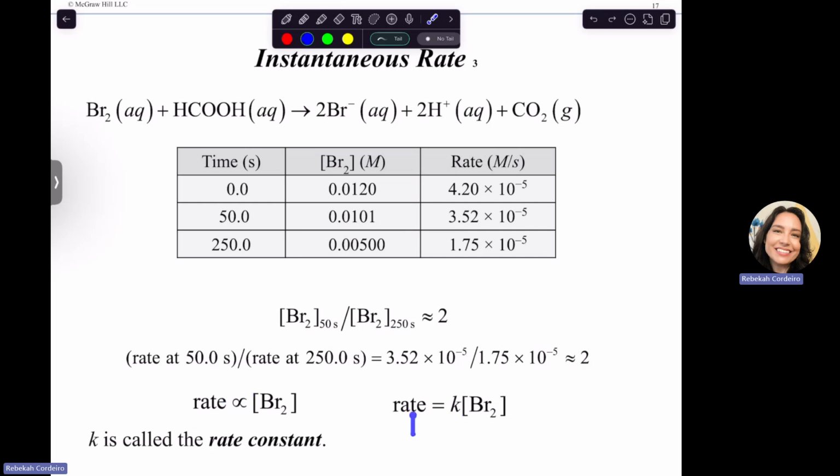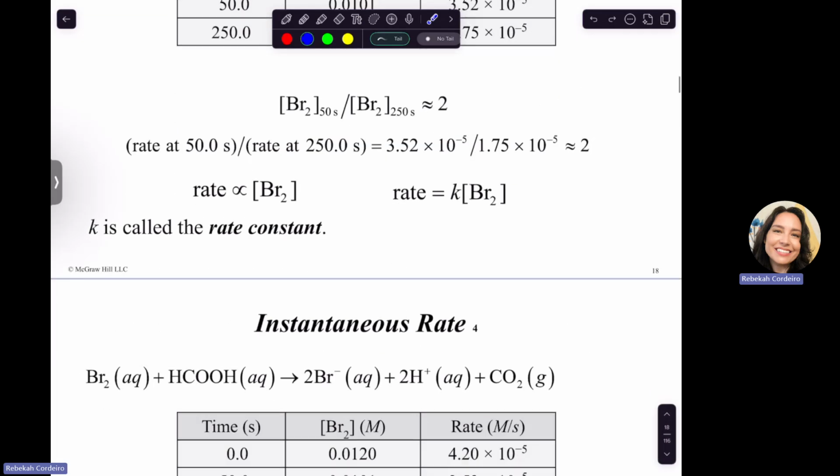And so as the concentration times 2, the rate times 2, or vice versa, they're directly proportional to each other there. So this is called a rate law, and it tells us how the rate changes when the concentration changes. They're not all exactly this formula. We're going to talk about how to know what the formulas are in a second, but this is an example of one.